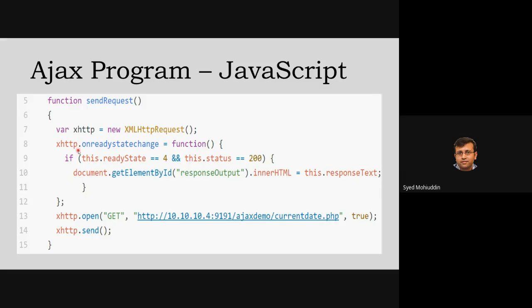This xhttp.onreadystatechange is also a function. It's a JavaScript function, and it uses the xhttp attributes such as readyState and status. This ready state and status we will come back to later.